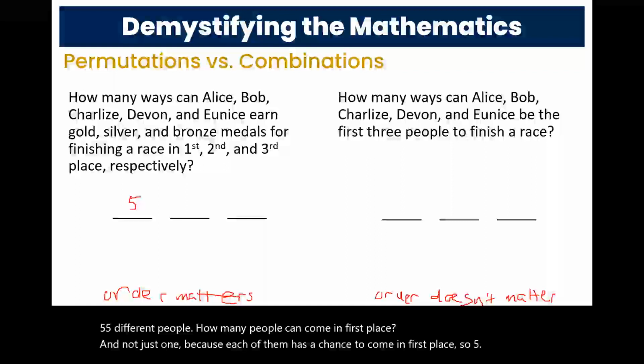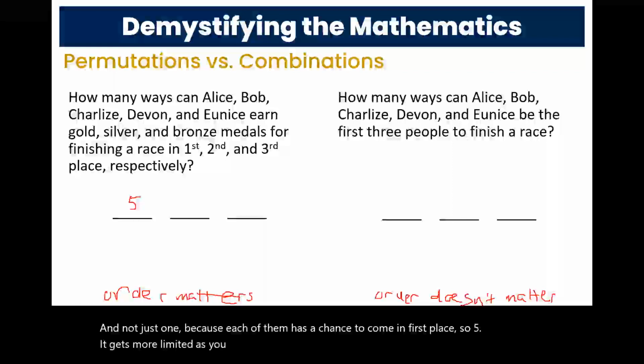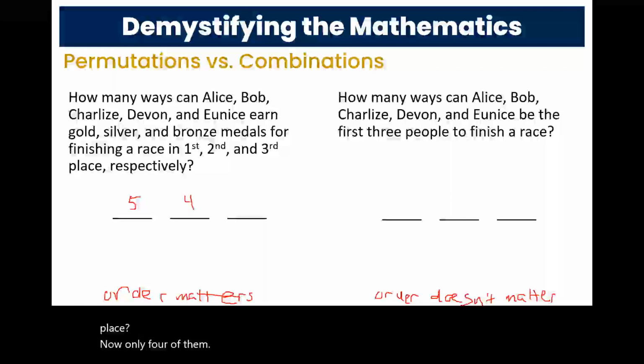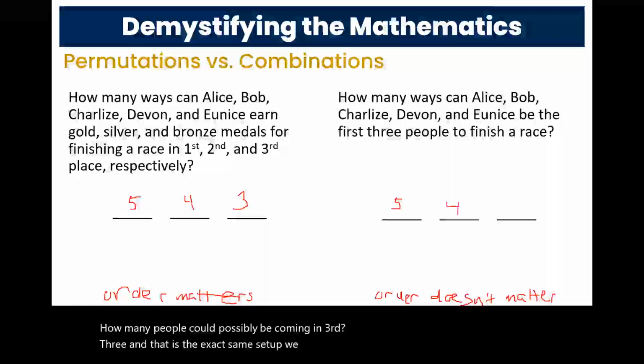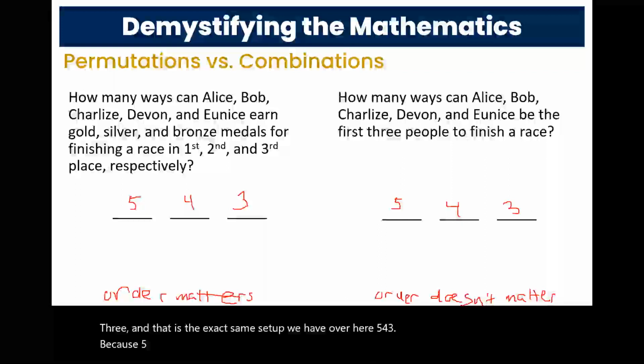It gets more limited as you go, though. How many people now could possibly be second place? Now only 4 of them. How many people could possibly be coming in third? 3. And that is the exact same setup we have over here. 5, 4, 3. Because 5 of them could come in first, 4 second, 3 third.